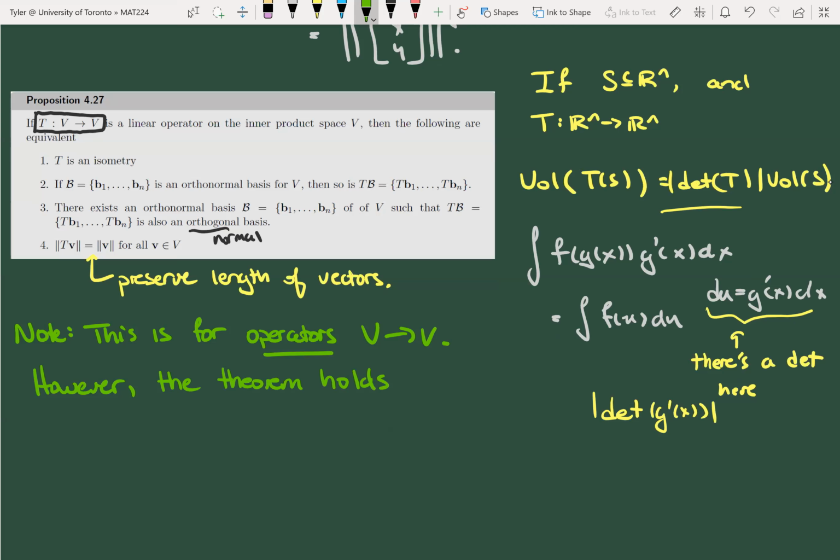The theorem holds for T mapping V to W so long as dim V equals dim W, okay? So basically you can replace the codomain with a different inner product space, and this theorem will still be true, but you have to add in 1 additional condition, which is that the dimension of V is equal to the dimension of W. Now, I'm telling you this because this is probably the right exercise.